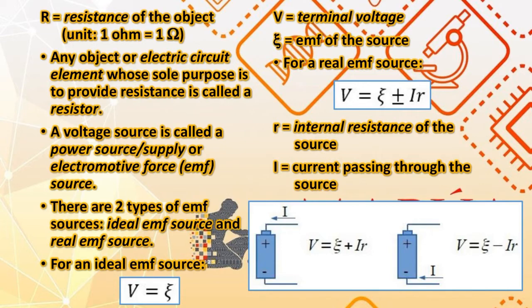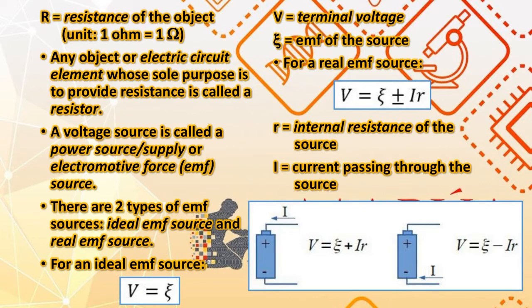For example, if you have an AA battery, you have the positive terminal and the negative terminal. If you are to put the probes of a voltmeter on the terminals of the battery, the reading of the voltmeter will be the terminal voltage. EMF is the rating of the battery.